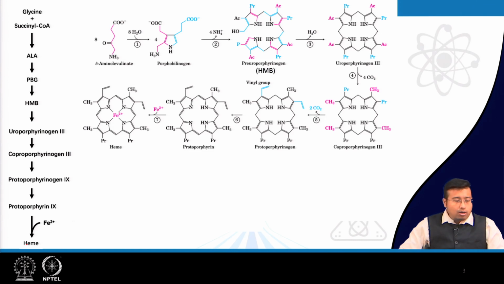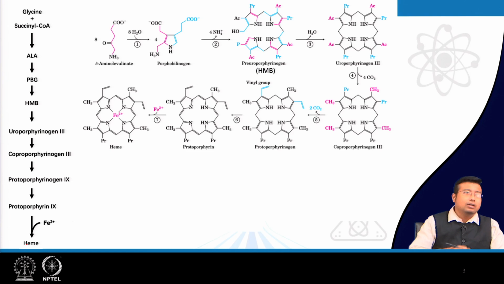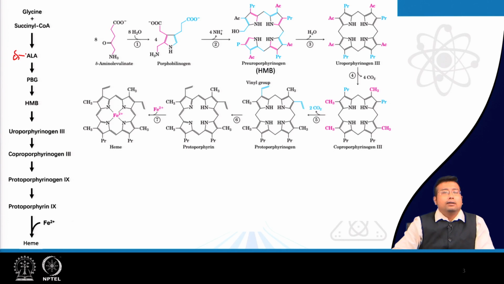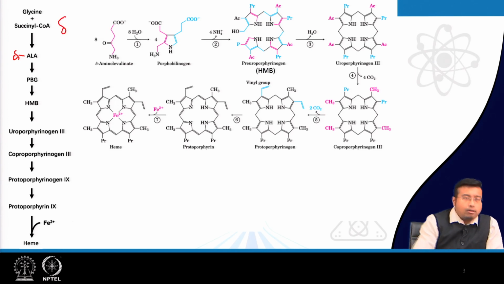Now, you all remember from the last class on heme synthesis how the initial two products, succinyl coenzyme A and glycine, combine to form delta amino levulinic acid, delta ALA. This is the sign of delta.